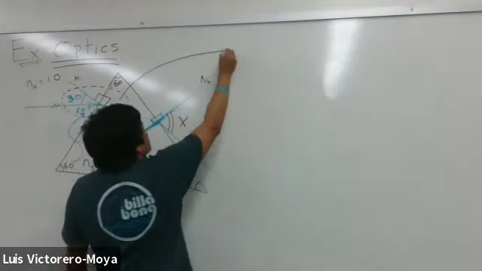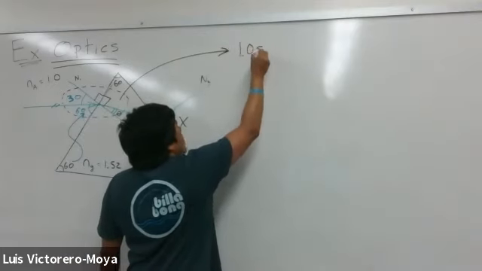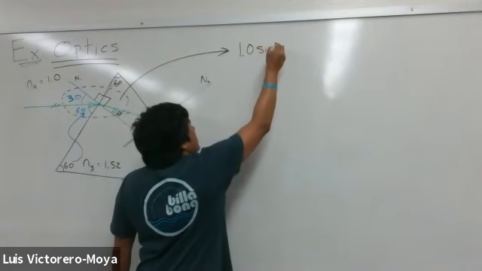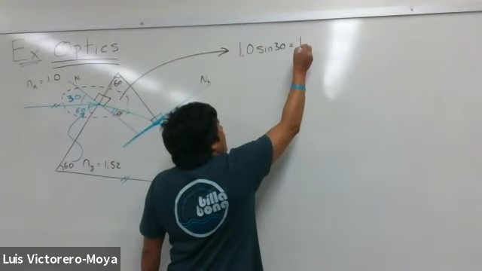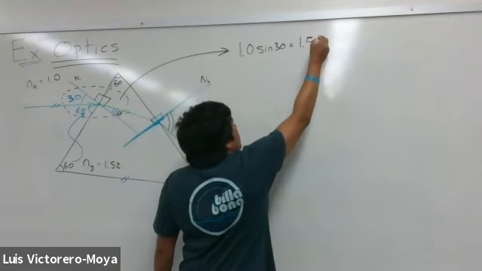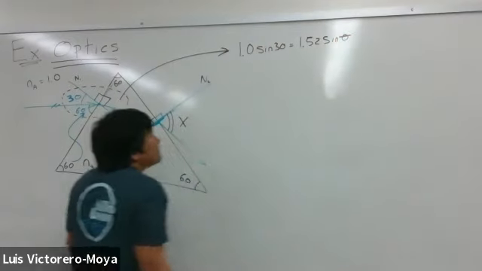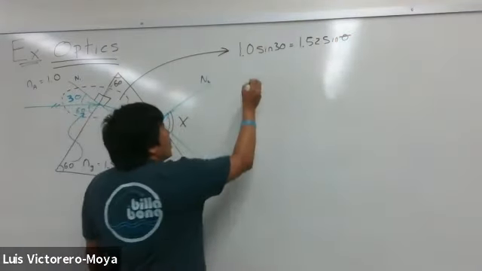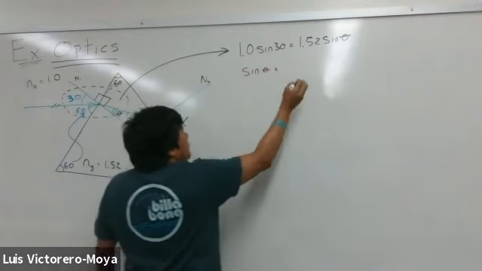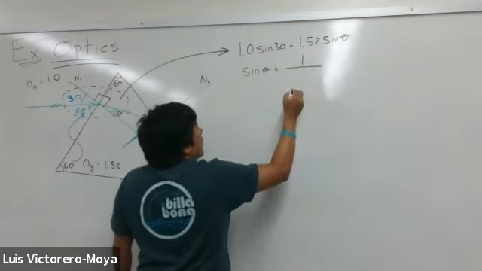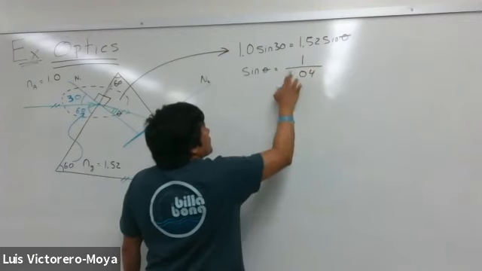So if I apply Snell's law there, I have 1 sine of 30 equals 1.52 times sine of theta. So sine theta, this is 1/2, is equal to 1 over 2.04. Sorry, 3.04.